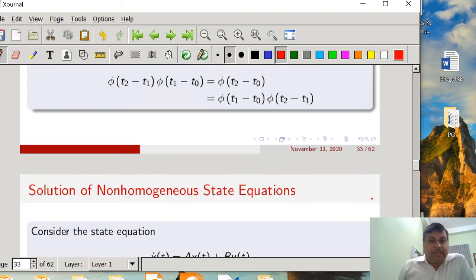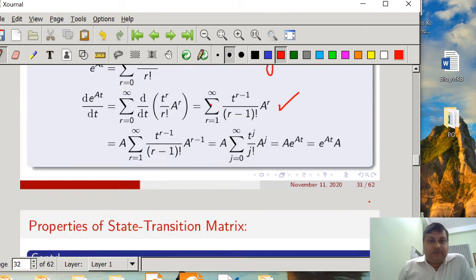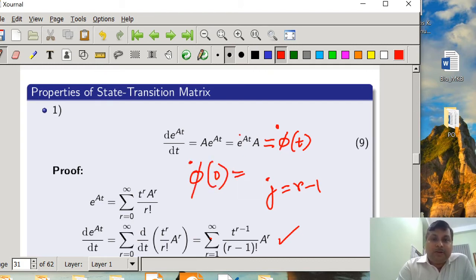Now another thing we can observe here, which will be useful later on. Suppose this is phi dot of t. Now if we want to calculate phi dot of 0, what will that be?